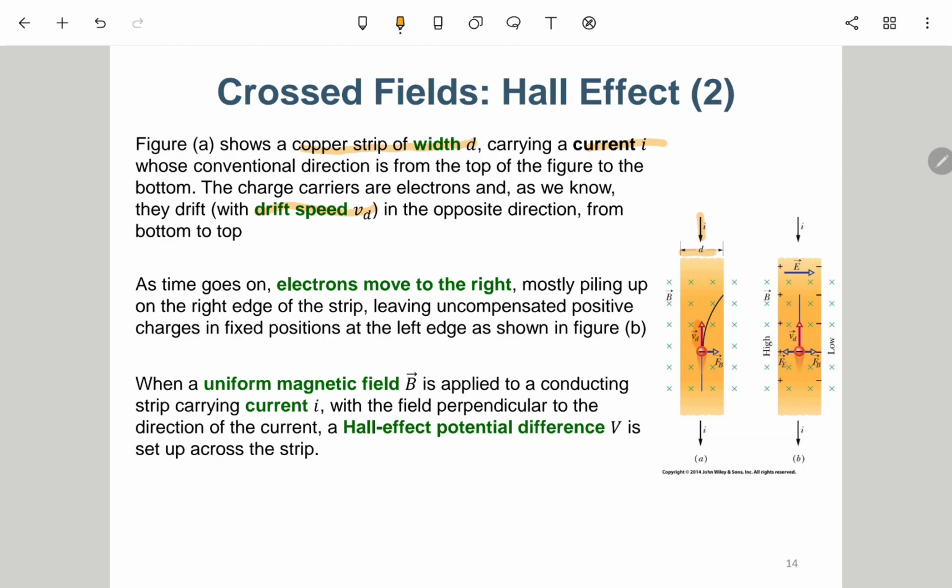Here we first assume that the charge is negative, and then go through the whole discussion.